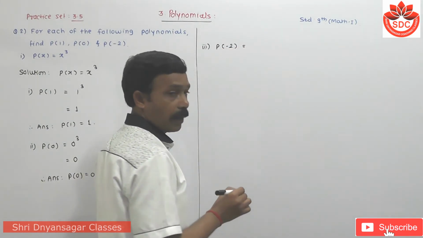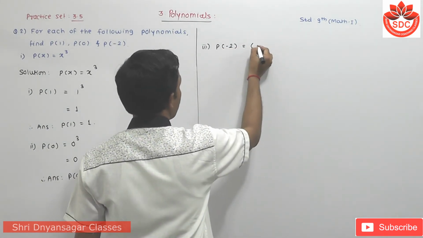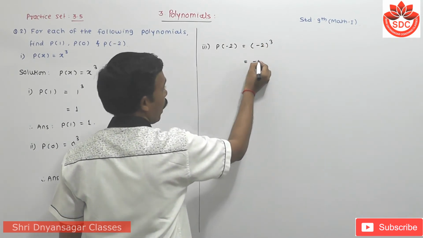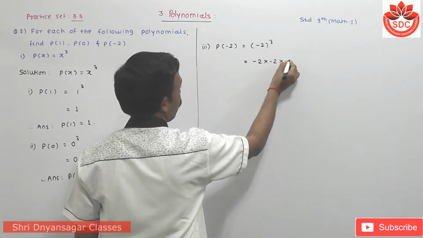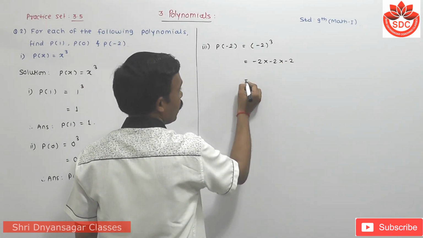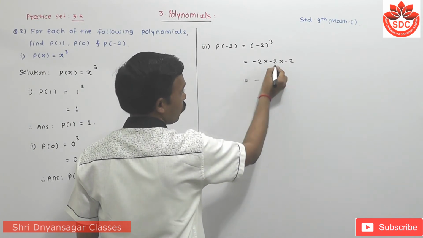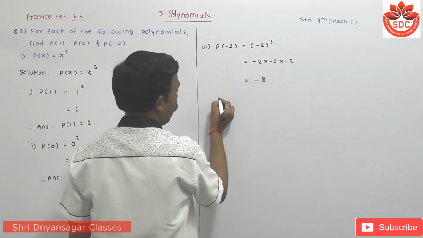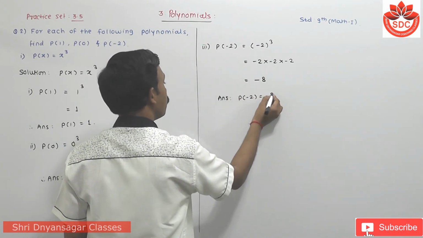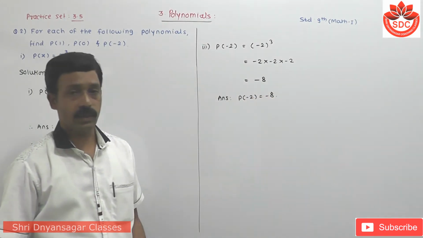We put the value of x as minus 2. Minus 2 cube is minus 2 into minus 2 into minus 2. Minus times minus is plus, then again minus, so the sign is minus. Then 2 twos are 4, 4 twos are 8. Therefore p(minus 2) equals minus 8. We take the next question.